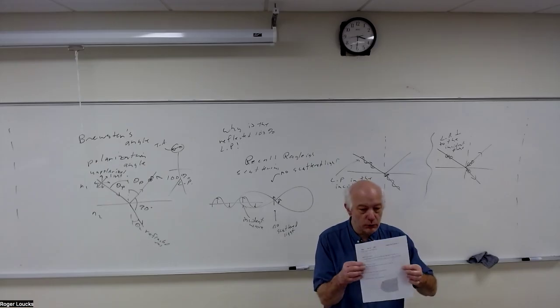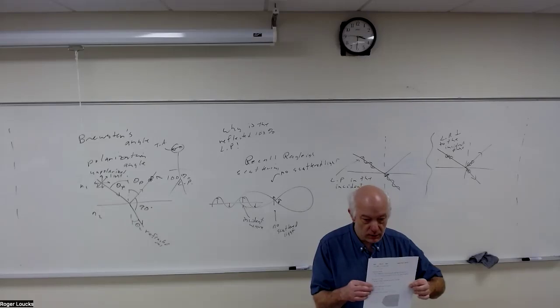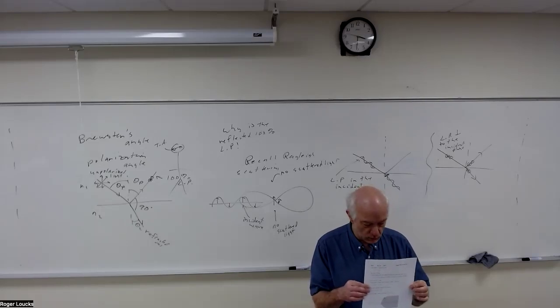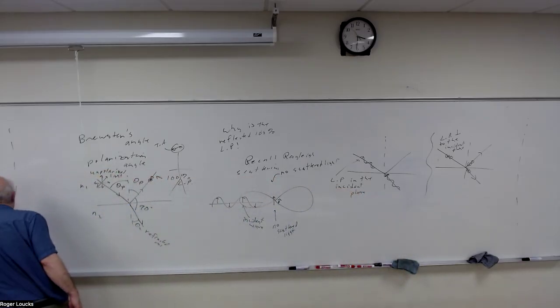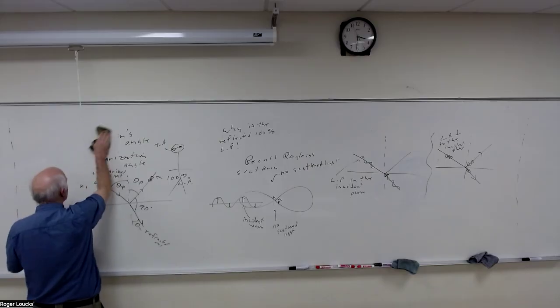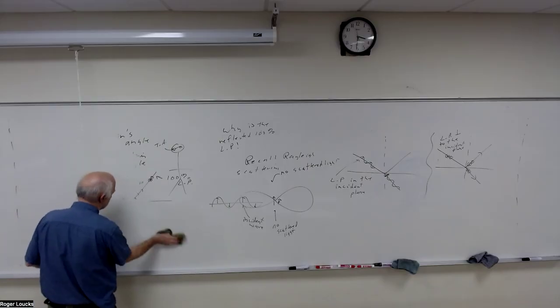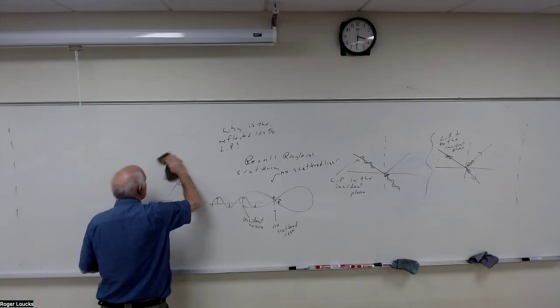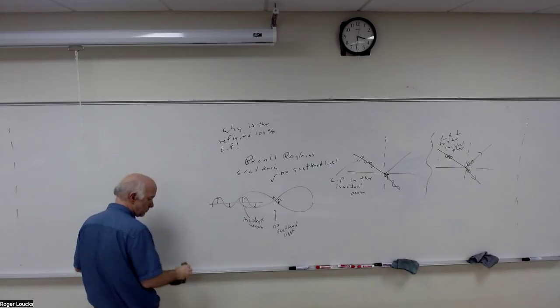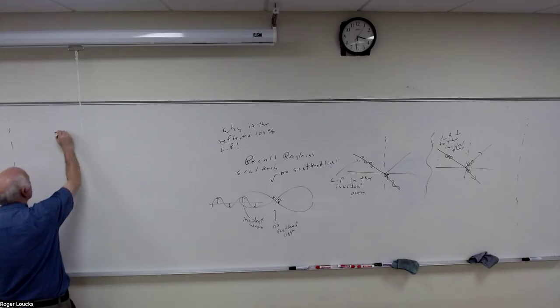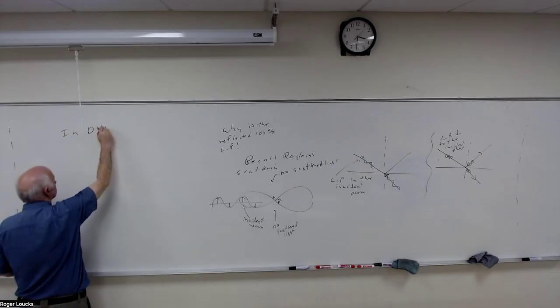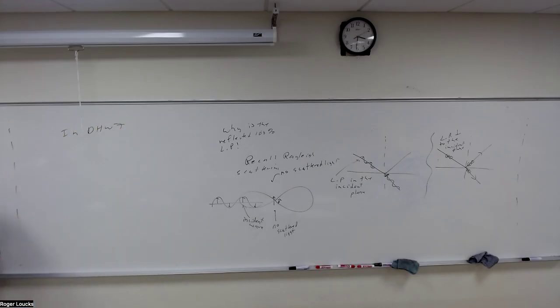Okay. You are going to do an example of Fermat's principle here, and this is going to be for a spherical surface. So I want to talk about spherical surfaces. In daily homework 7, is that showing up?